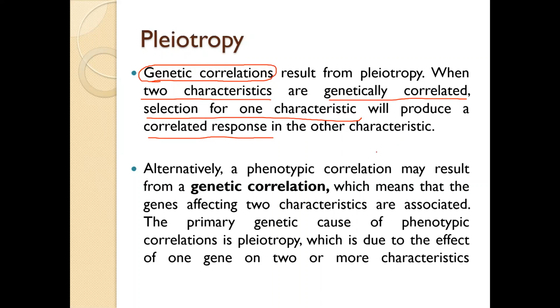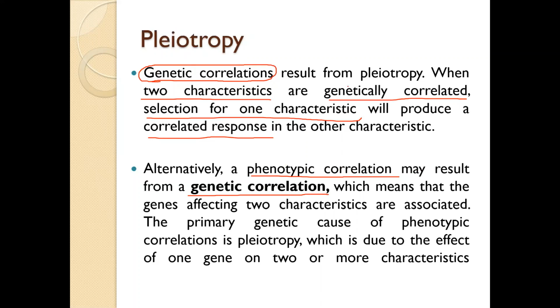Alternatively, a phenotypic correlation may result from a genetic correlation. From our previous classes, we already have the idea of phenotypic and genotypic. So, phenotypic correlation may result from a genetic correlation.